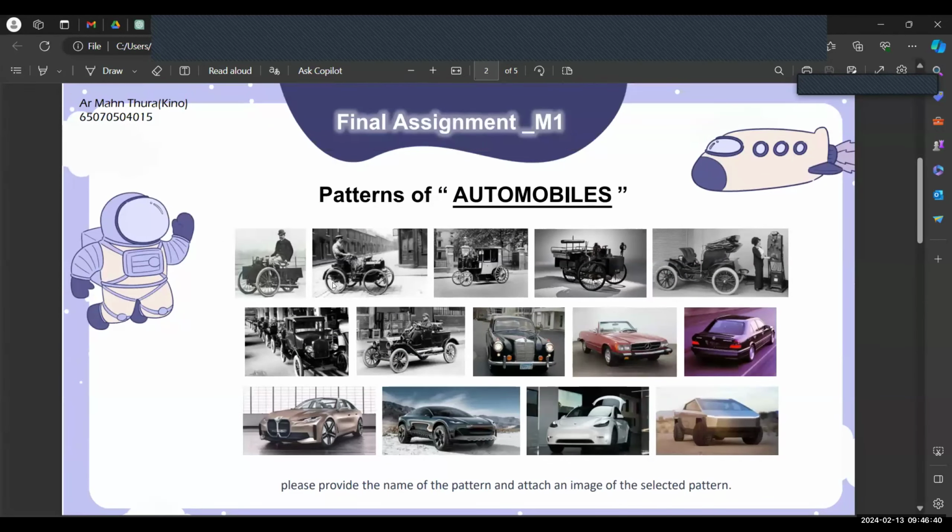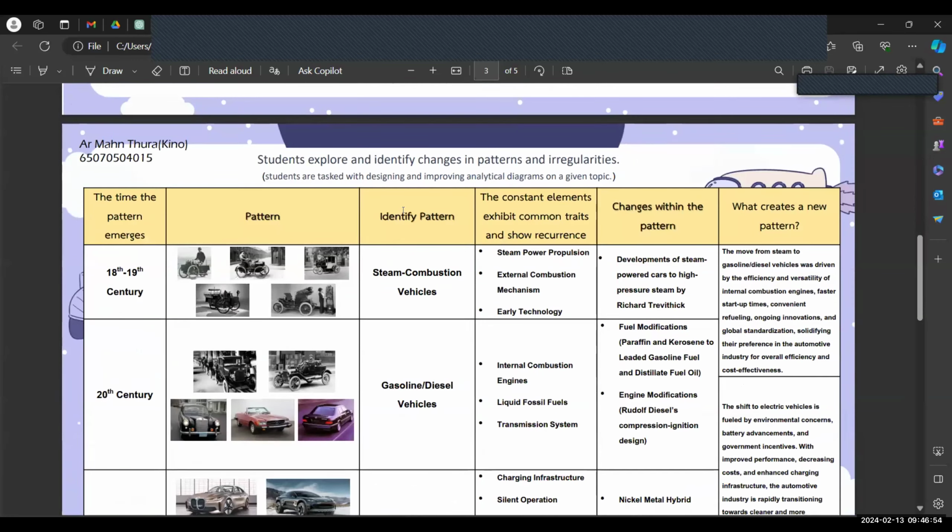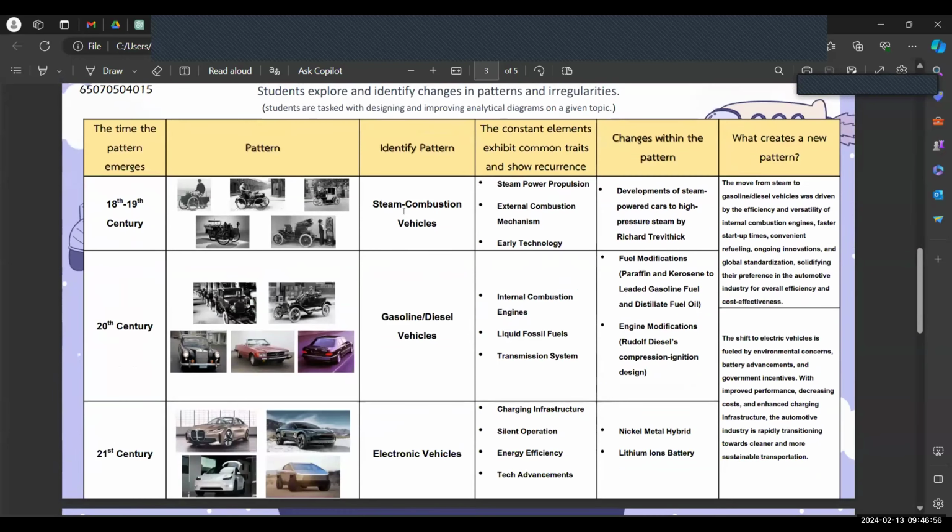So let me start my presentation. The title that I chose for this presentation is the automobiles, and here is the second slide. I categorize my work into three patterns according to the period of time.